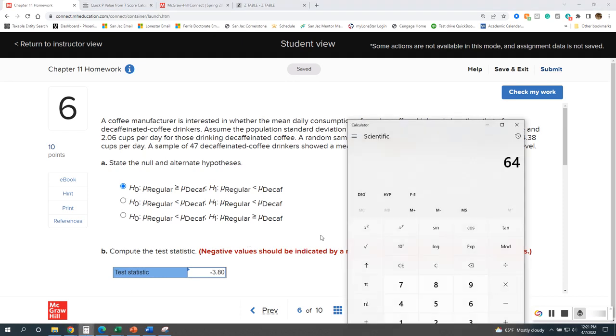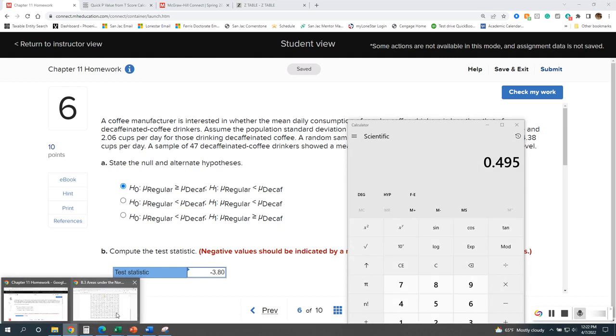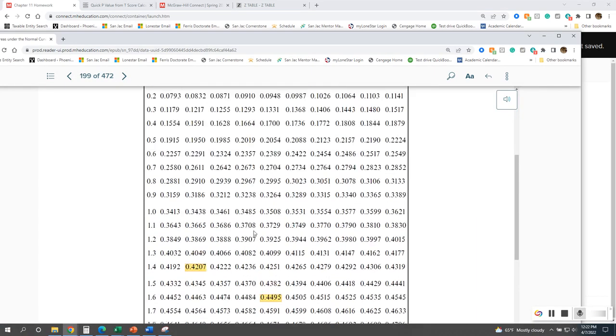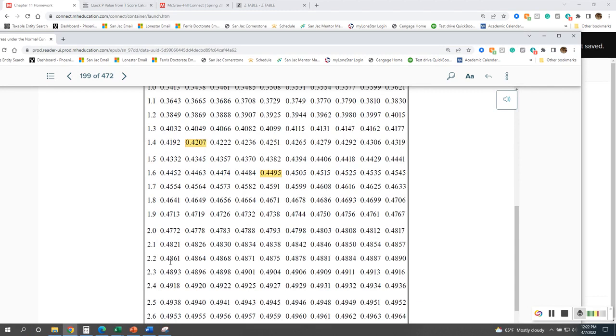So, calculator, 0.99 divided by 2, 0.495. So, on our Z table, find 0.495.